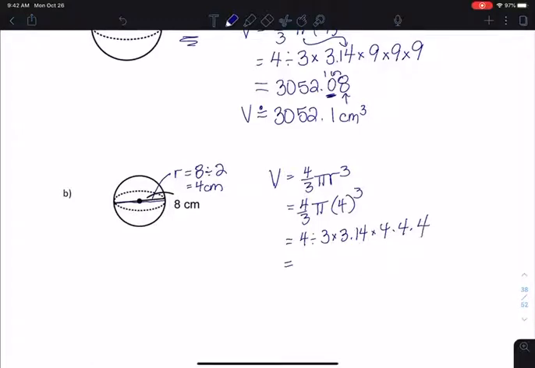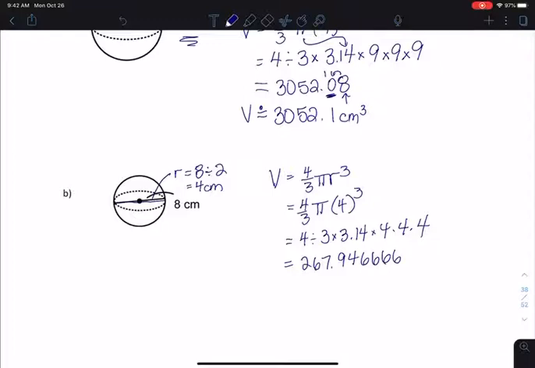And what do we get when we do that? 4 divided by 3 times 3.14 times 4 times 4 times 4. And I get 267.94, and a bunch of 6s after that.